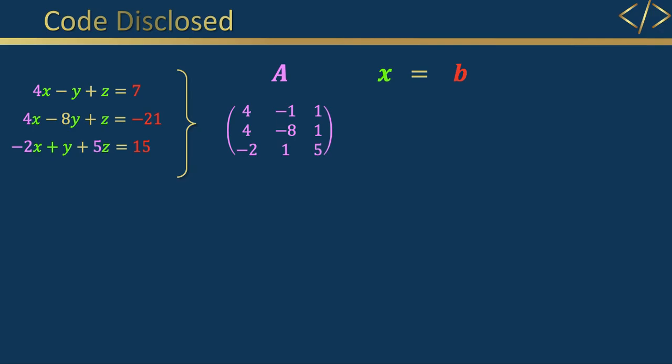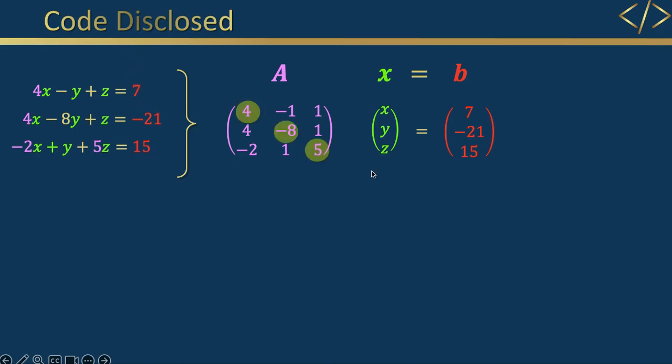The second row is 4, minus 8, 1. And the last row, which represents the last equation, is minus 2, 1, and 5. X is the vector of the unknowns, x, y, and z, and b is the right-hand side: 7, minus 21, and 15.